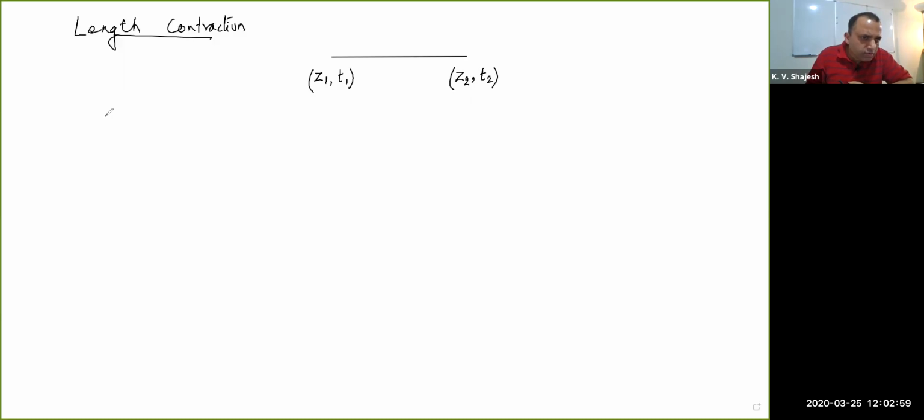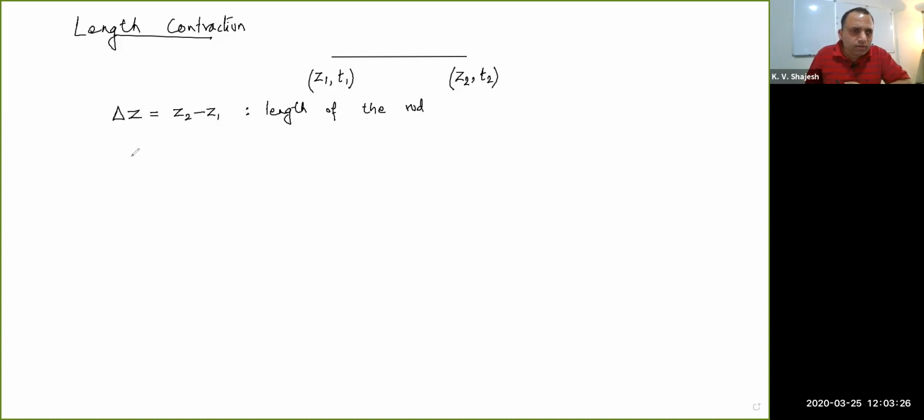The length of the rod itself will be defined to be delta Z by this observer, and that is Z2 minus Z1. This will be the length of the rod. We have not really specified whether this observer is moving with respect to the rod or not.